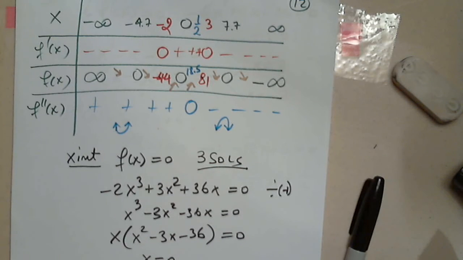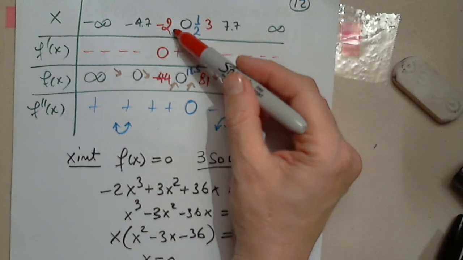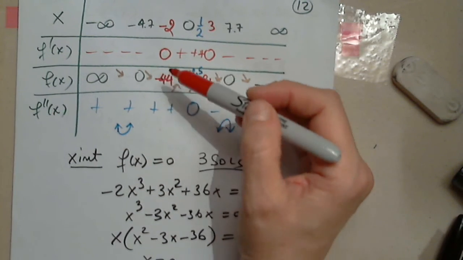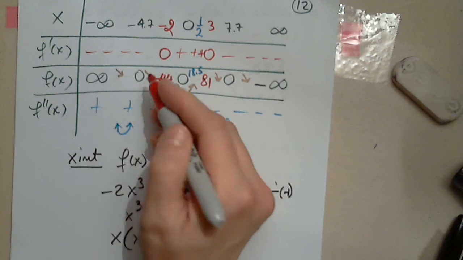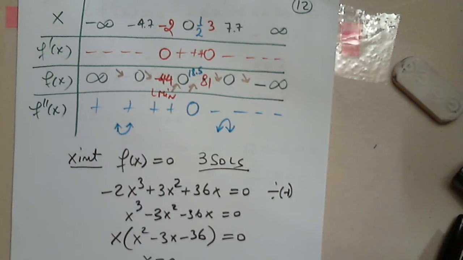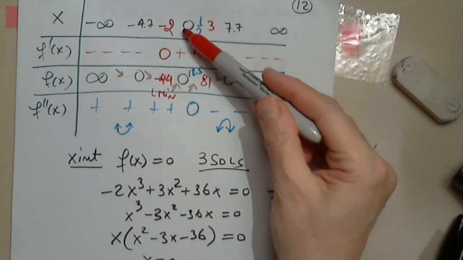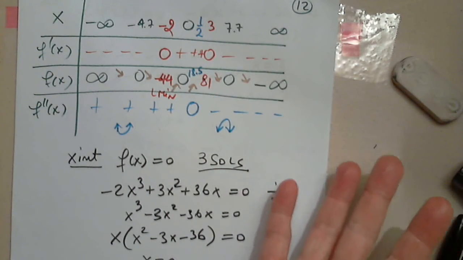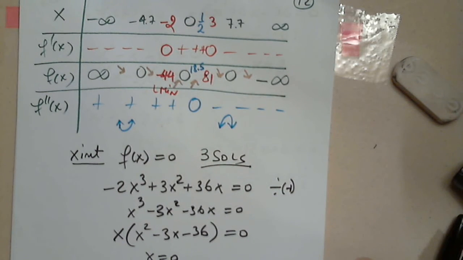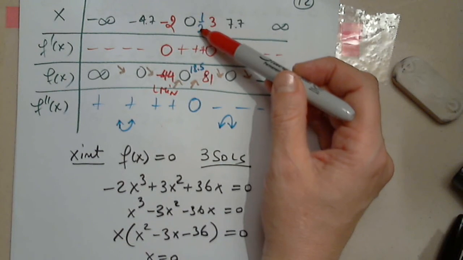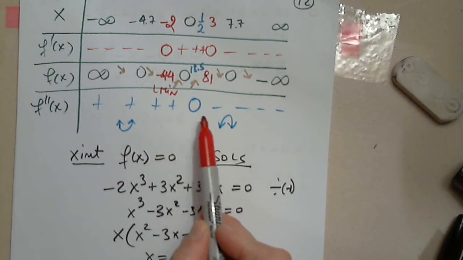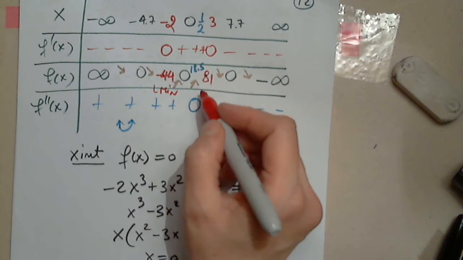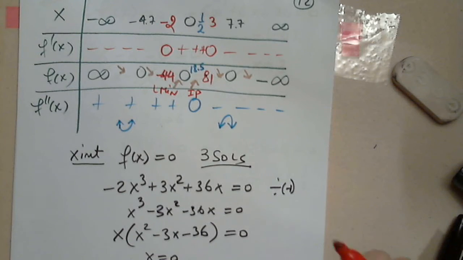So I see that -2, -44 is a local minimum. I see that 0, 0 is nothing other than an x-intercept and y-intercept. But 0.5, 18.5, because the second derivative changes sign, this point must be an inflection point.